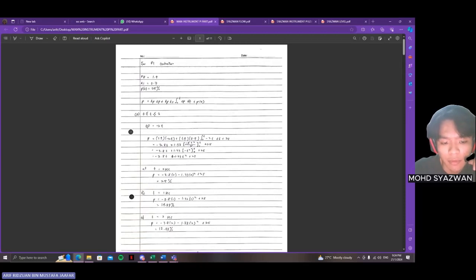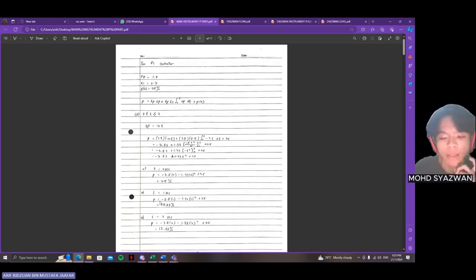Next, 1 second: P equals negative 3.8 multiplied by 1 minus 1.33 multiplied by 1 squared plus 25, which gives 19.87%. The third one is 2 seconds: P equals negative 3.8 multiplied by 2 minus 1.33 multiplied by 2 squared plus 25, and I get 12.08%.